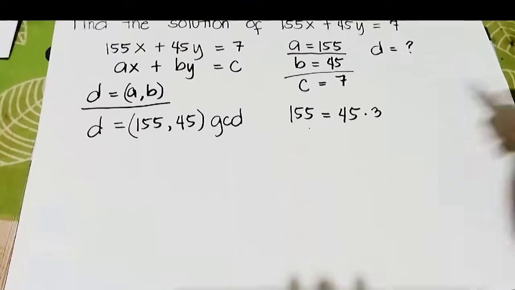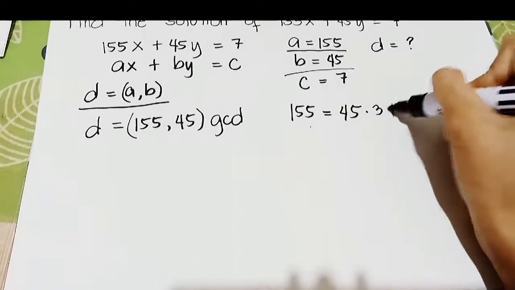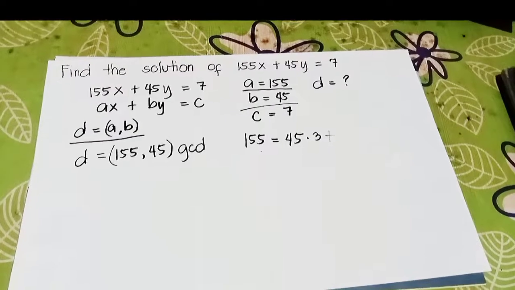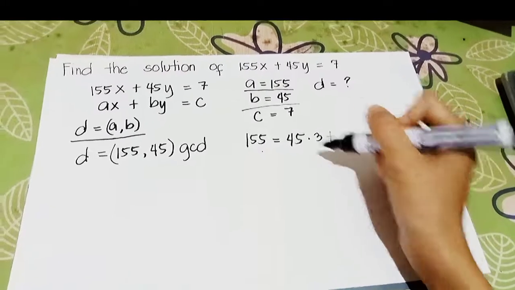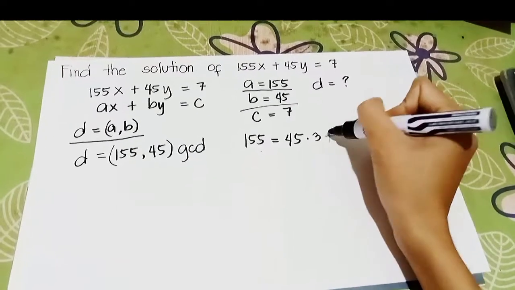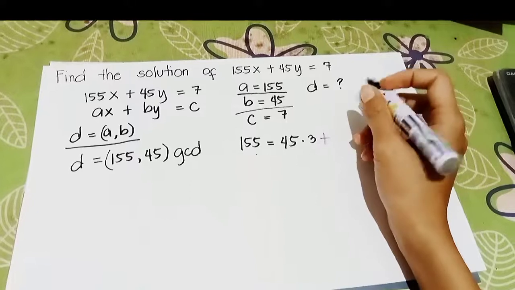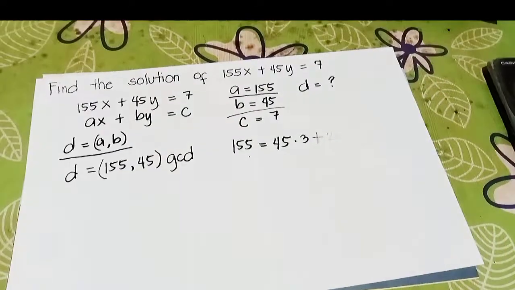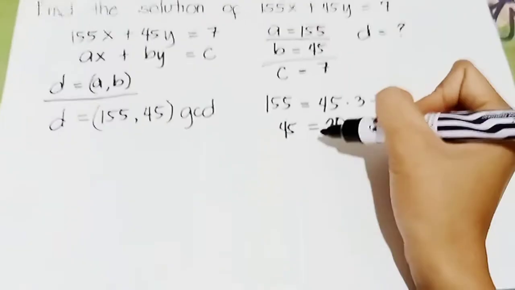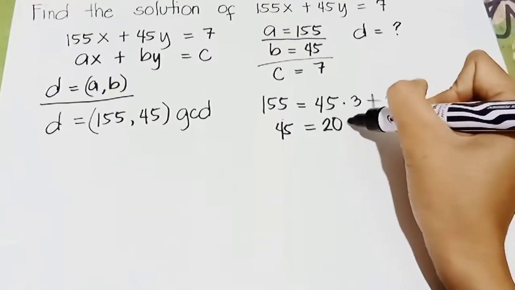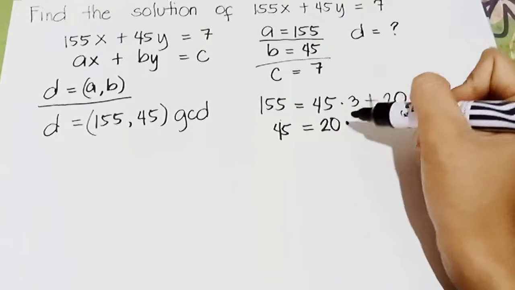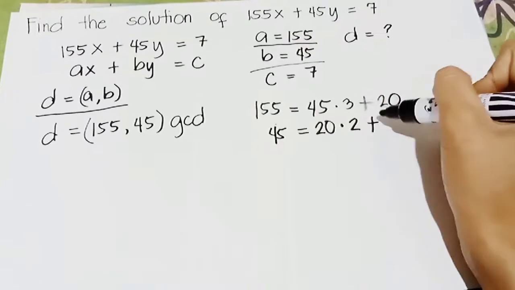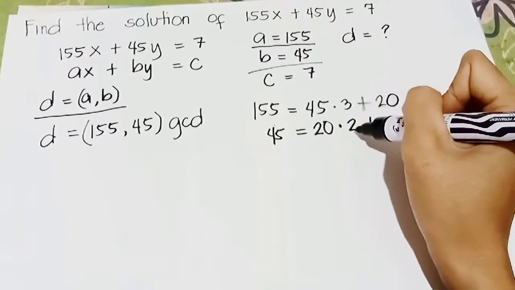So 155 equals 45 times 3 plus 20. Then 45 divided by 20 is 2, and 20 times 2 is 40.